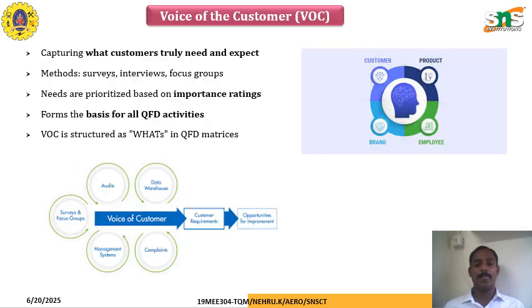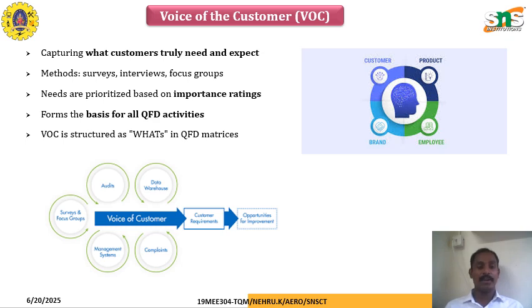Now coming to the voice of the customer, here the inputs are obtained from the customer, capturing what the customer needs and expectations, which can be derived through different methods, like surveys, feedback, and interviewing the customer, focusing on the age group, like students or young age or other groups.